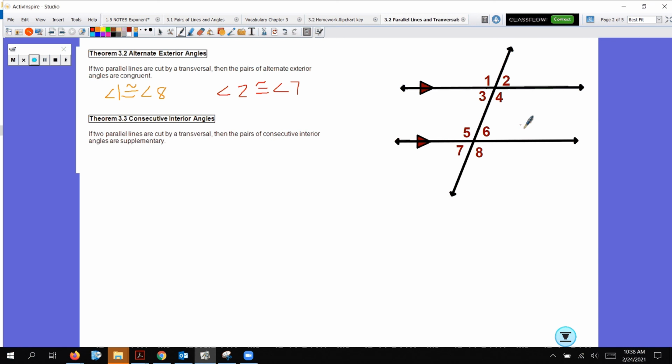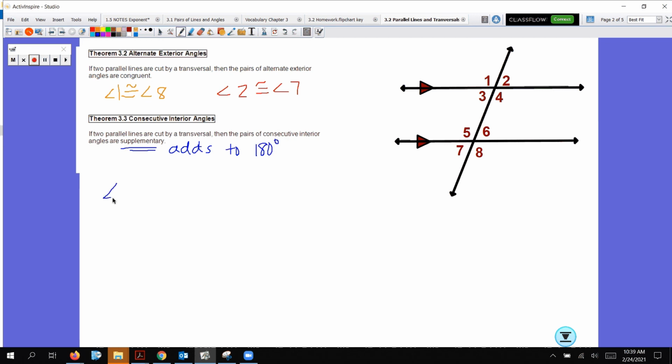Consecutive means one after the next, right next to each other. 4 and 6, 3 and 5. But they're supplementary. Please know, supplementary means adds up to 180, or 180 degrees. That's what supplementary means.